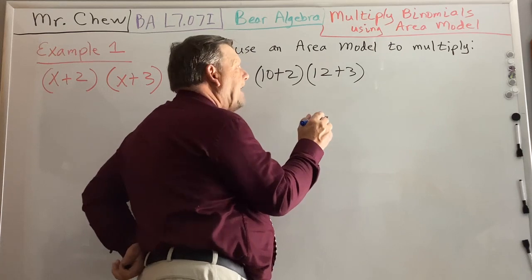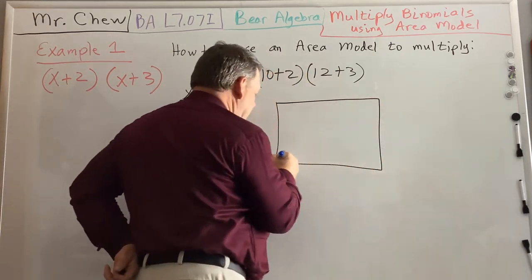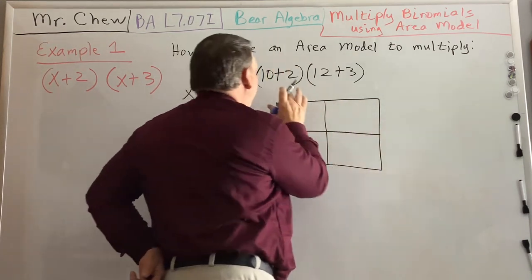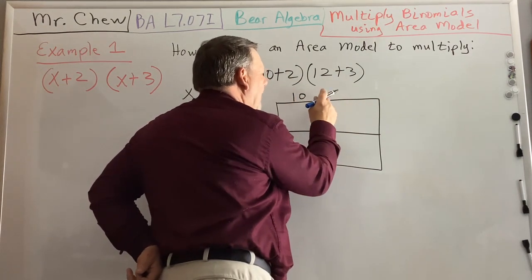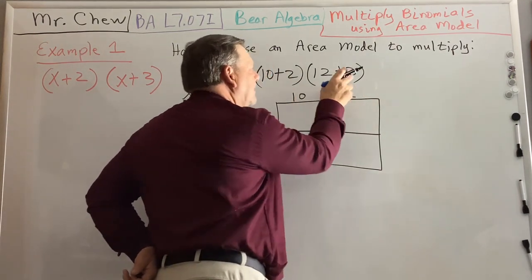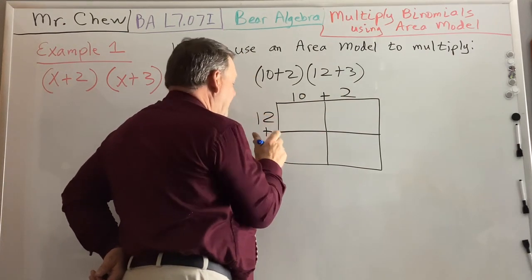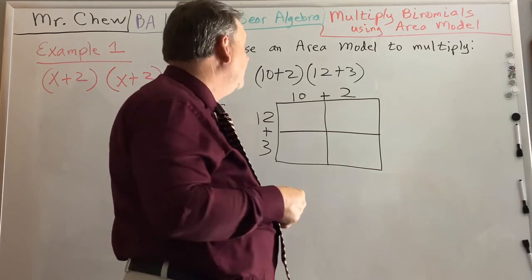So I can draw a rectangle and then take the first binomial and put my plus sign right there above the line. And then my second one, my plus there right beside the line. And then I can take and multiply.